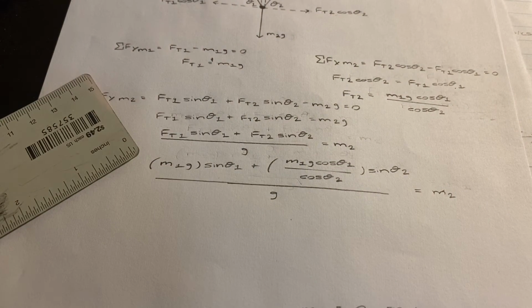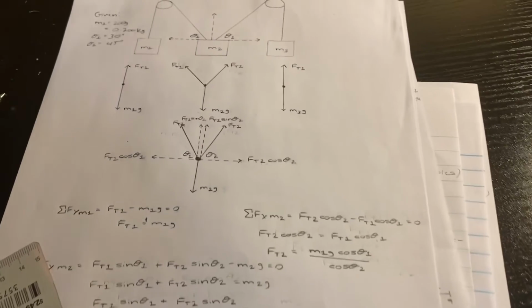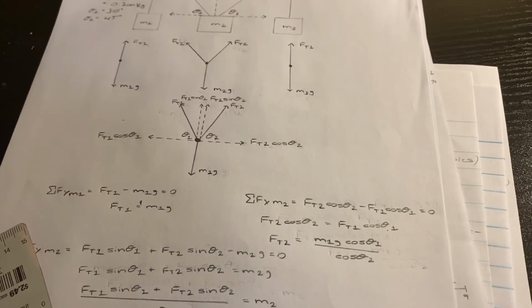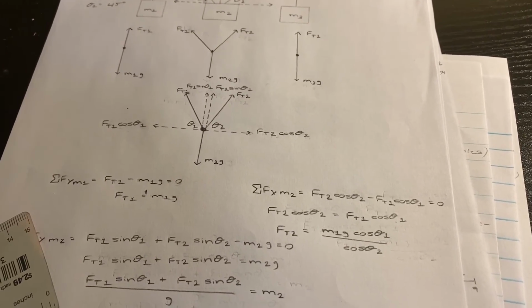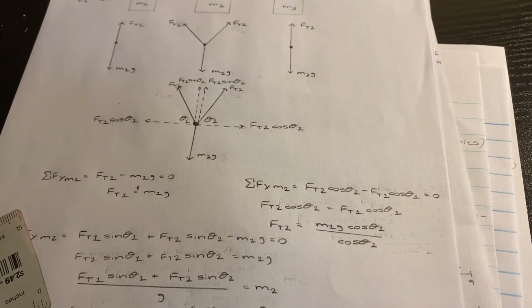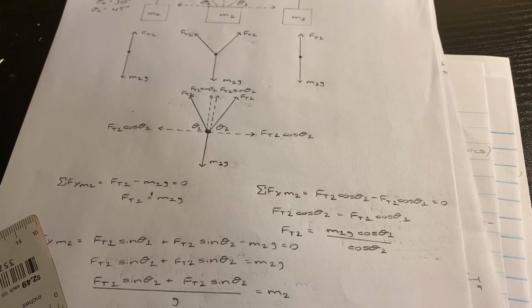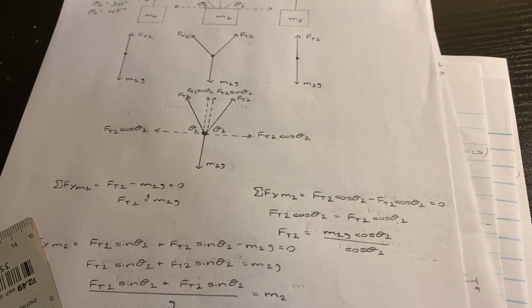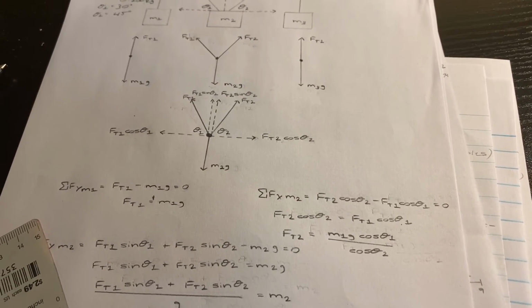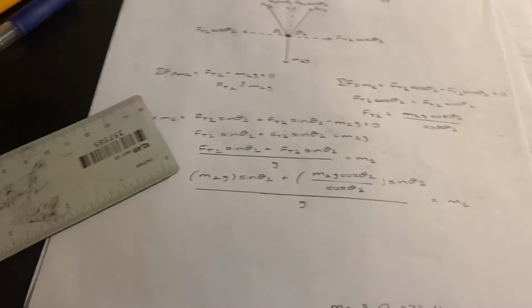Now we will do mass 3. The equation for mass 3 will comprise two forces, ft2 and m3g. They're both in the y direction, act opposite to each other, and are in equilibrium. So our equation will look like this.